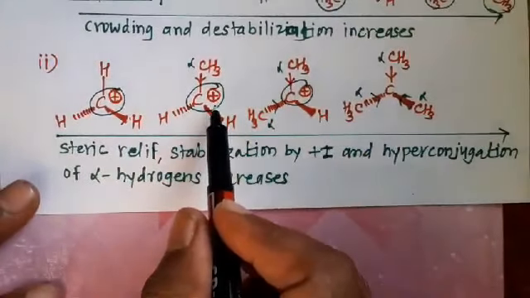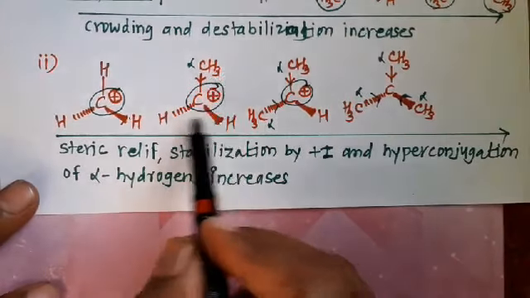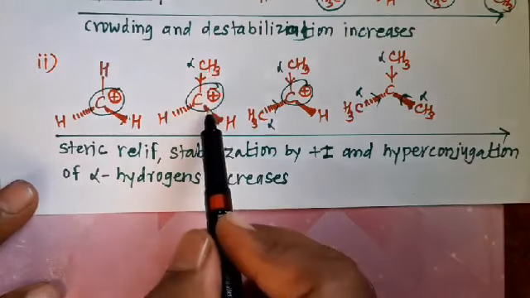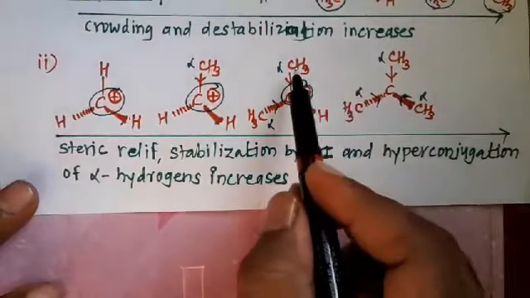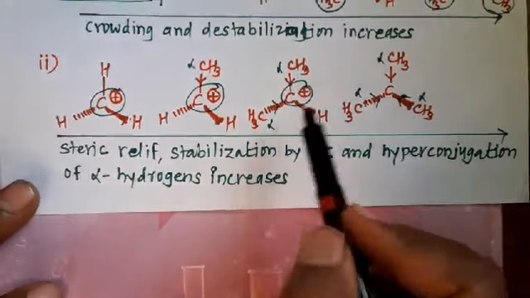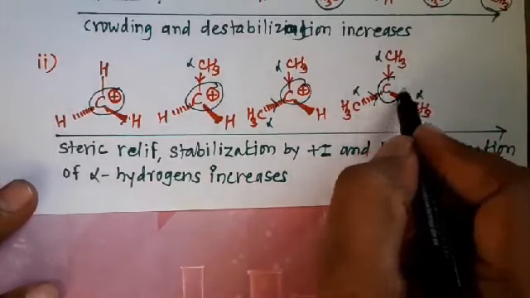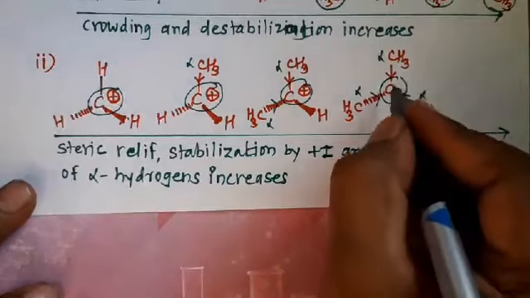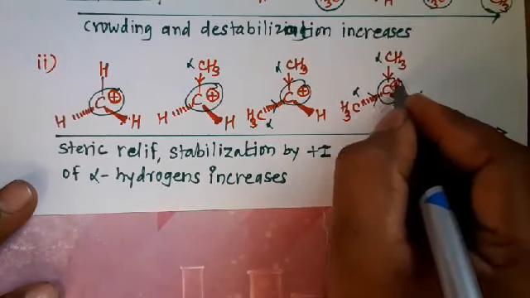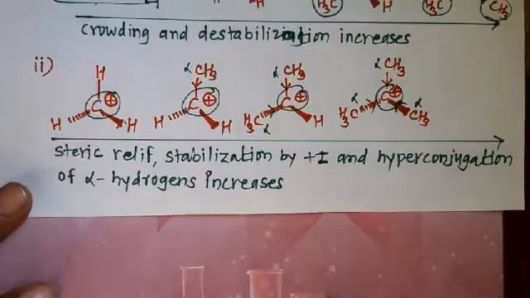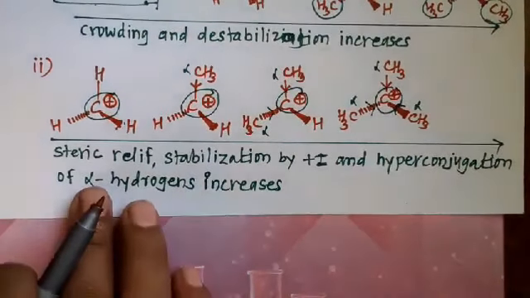In the second structure there are two hydrogens and one alkyl group attached to this carbocation. In the third structure, one hydrogen and two methyl groups are attached to the carbocation, and in the fourth structure all three methyl groups are attached to the carbocation.